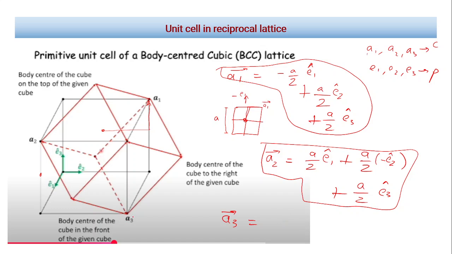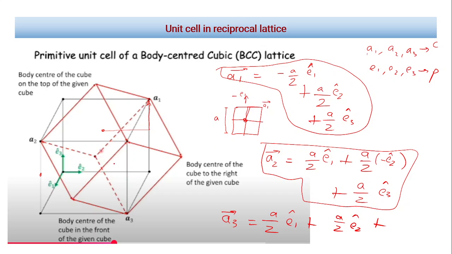And a3 cap will be, to reach a3, this will move a by 2 towards front, and then a3 is here, so it will need to move a by 2 towards e2, and then it needs to go down, because it's at the body center.